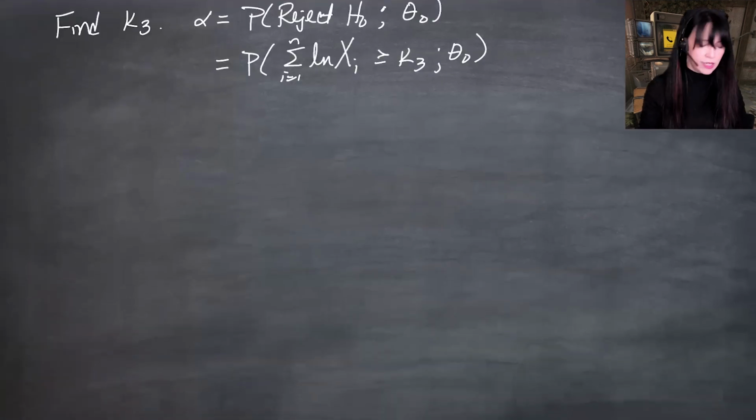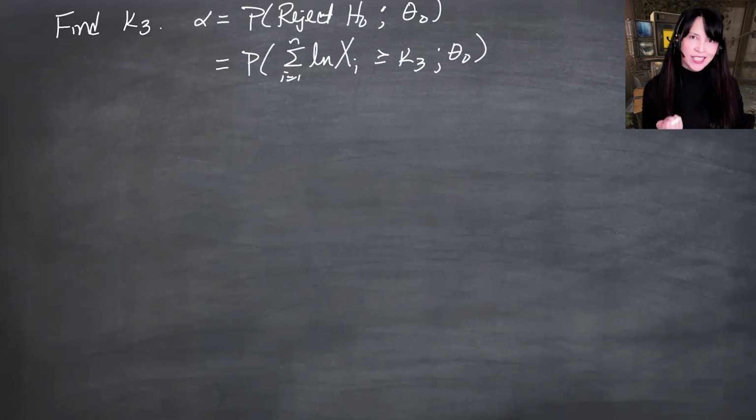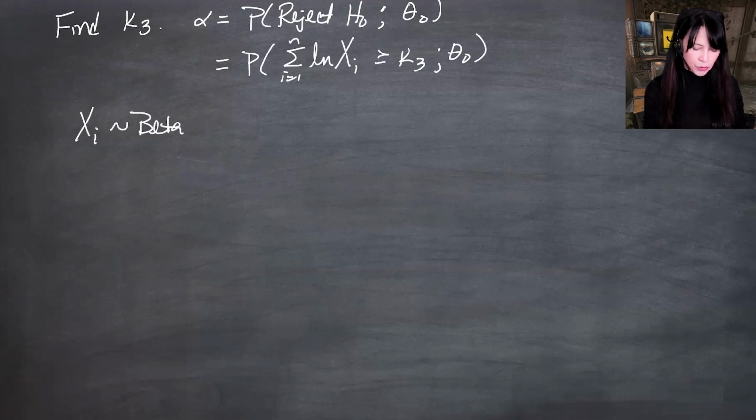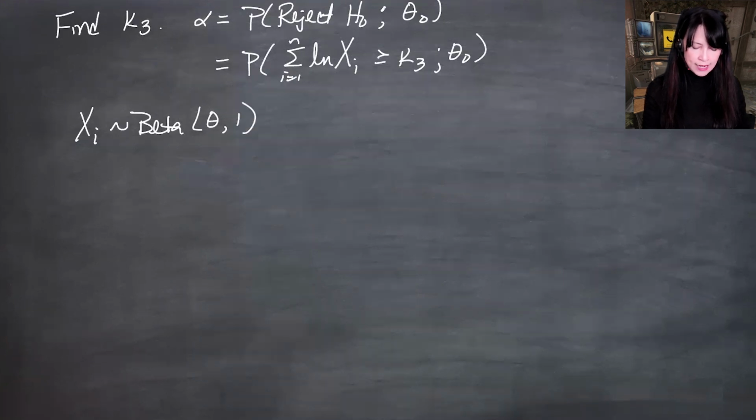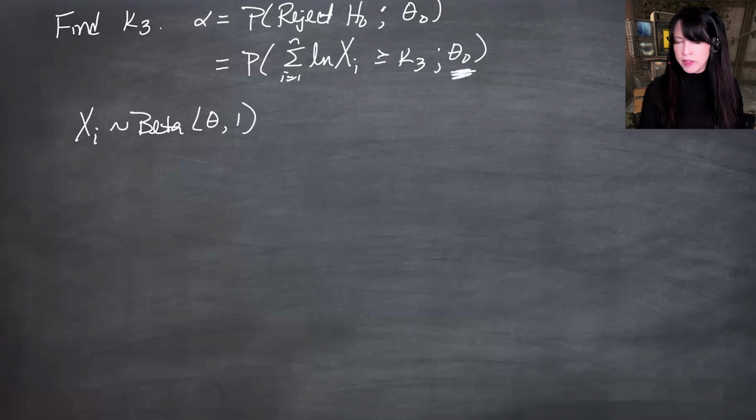But we need to deal with this statistic. This is back to the first couple of weeks of the course, starting with Xi having a beta distribution with parameters theta and 1. And actually, for this probability statement, theta is going to be theta naught.